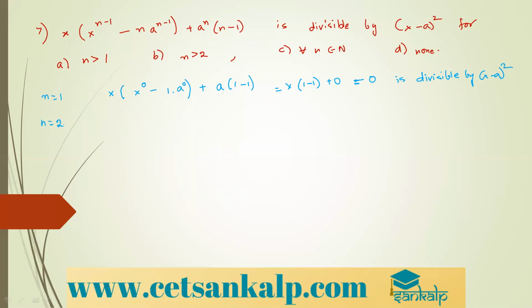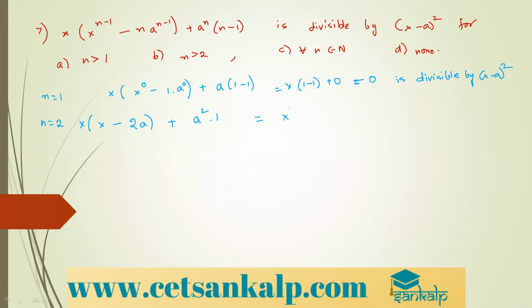Now we will put n equal to 2. x into x power 1 minus 2 into a power 1 plus a power 2, a square, because everywhere we are putting n as 2, a square into 1.